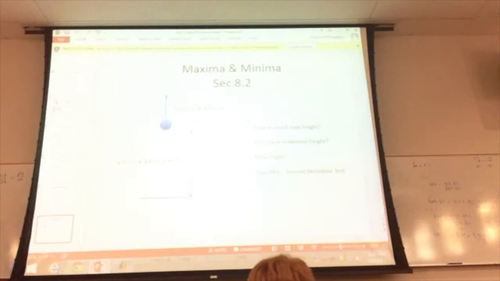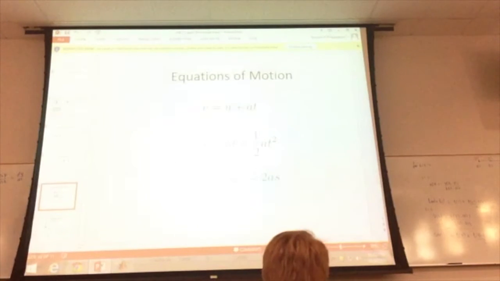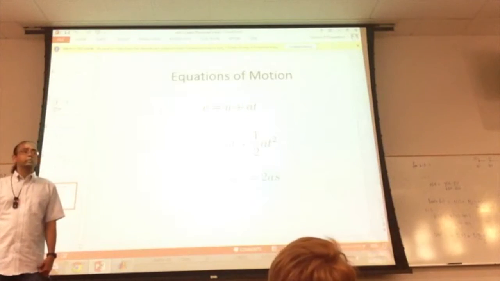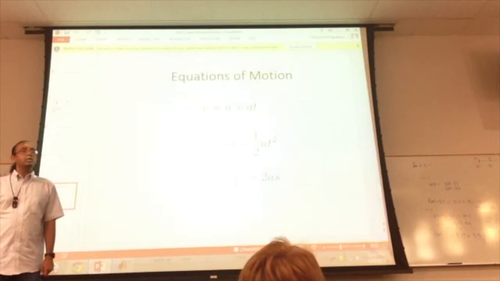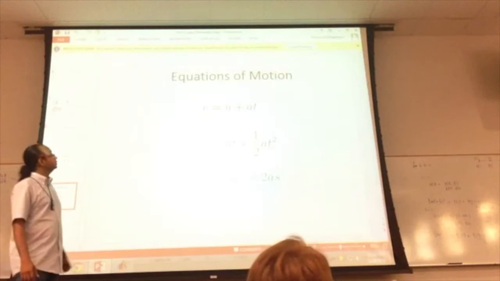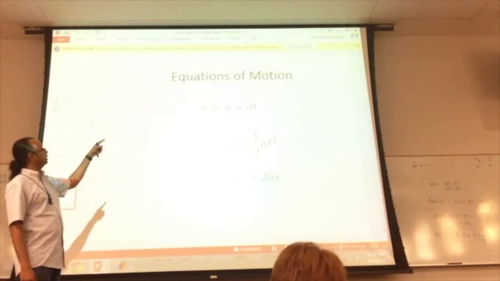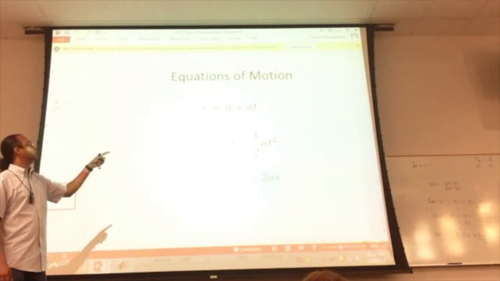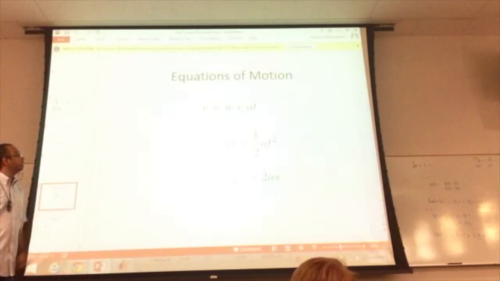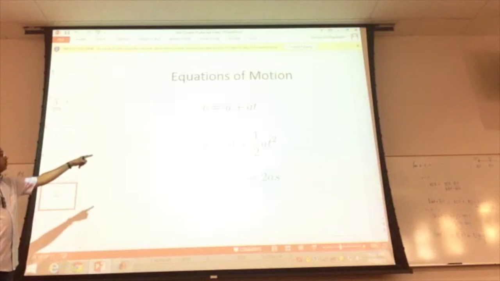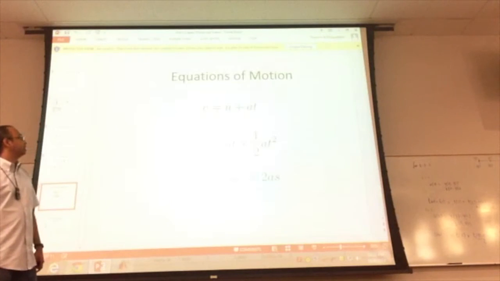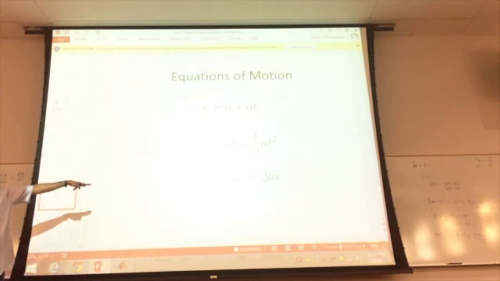All right? And are you familiar with these equations from high school? Do these look familiar to you? No? These are called equations of motion. The first one is telling you that the velocity is initial velocity plus acceleration times the time. And the second one is position is the product of initial velocity and time plus 1/2 at squared. And that's the third equation of motion.